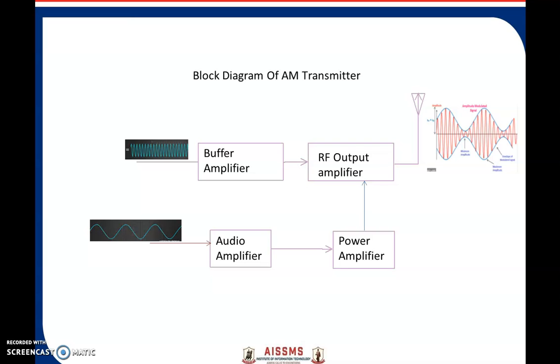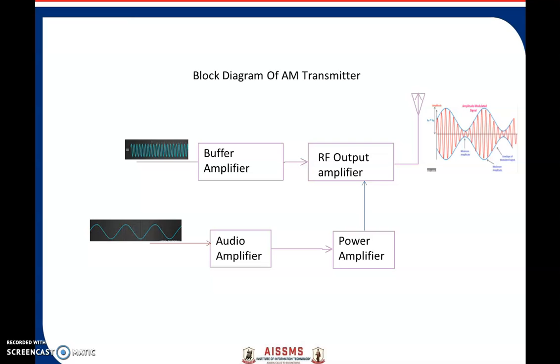Then the question will be, what is the need of modulation? Before going into detail about the AM transmitter, we should know first why modulation is required. There are three main problems associated with the direct transmission of audio frequency signals. First, the audio frequency signals, which are actually the information signals, are of very short range.